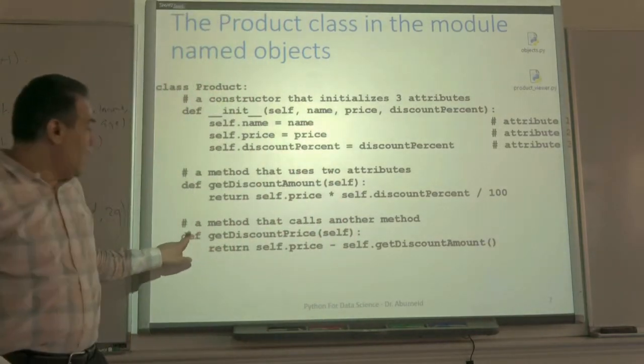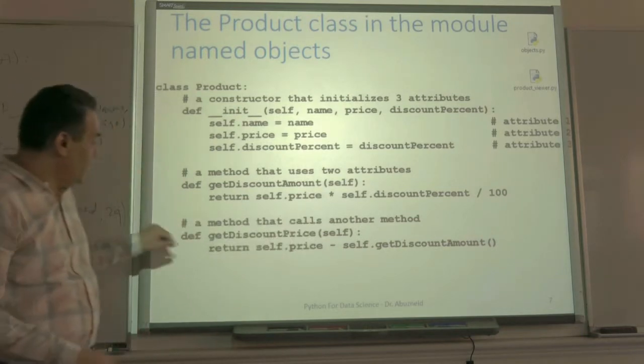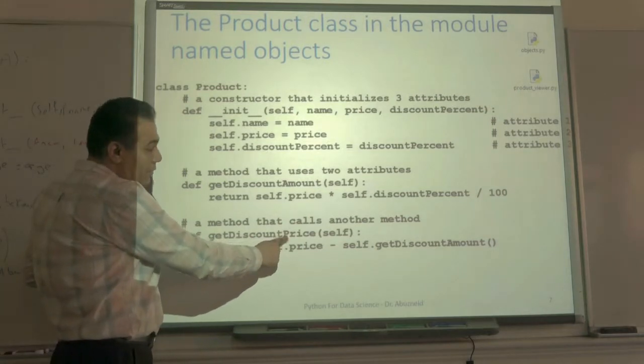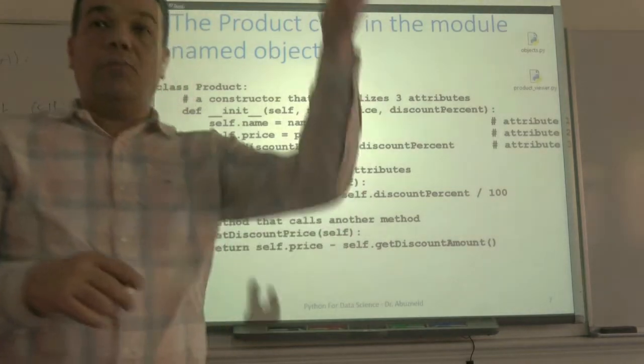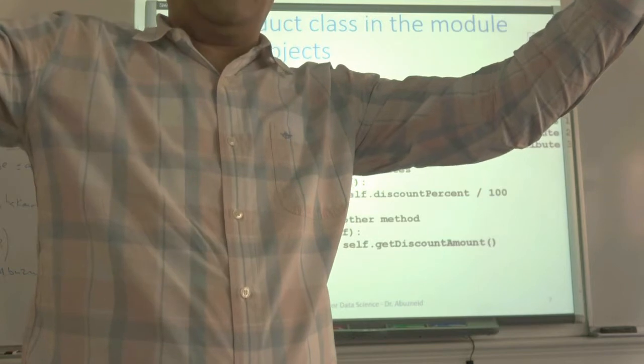In here, I will create a method that calls another method: get discount price. What is the discount price? It's the price minus the discount amount.